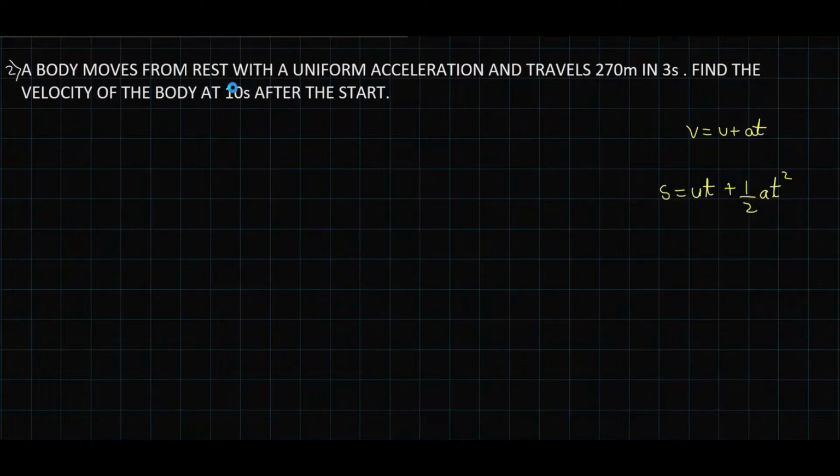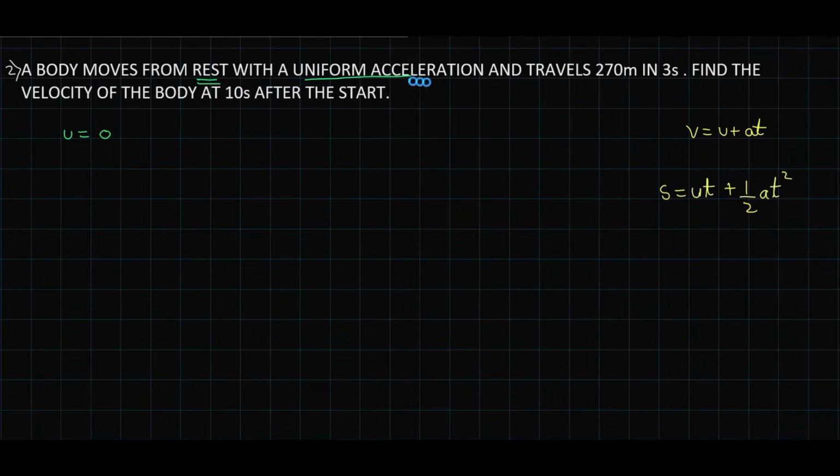A body moves from rest with a uniform acceleration and travels 270 meters in 3 seconds. We have to find the velocity of the body at 10 seconds after the start. So what we do is we first write down the data given to us from the question. A body moves from rest, so the initial velocity of the body equals 0.